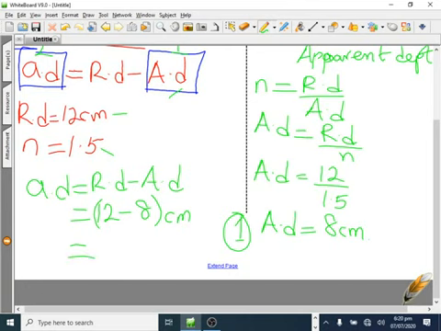Then our apparent displacement will be equal to 4 centimeter. Is that not so simple?